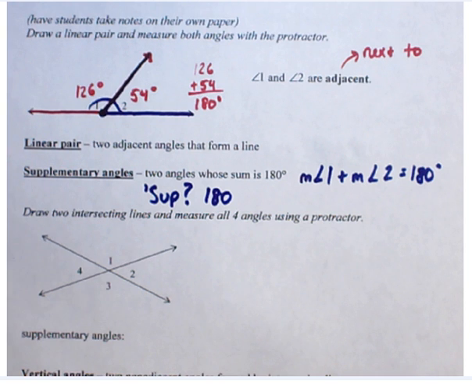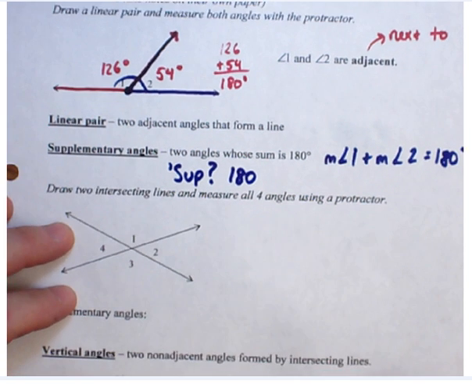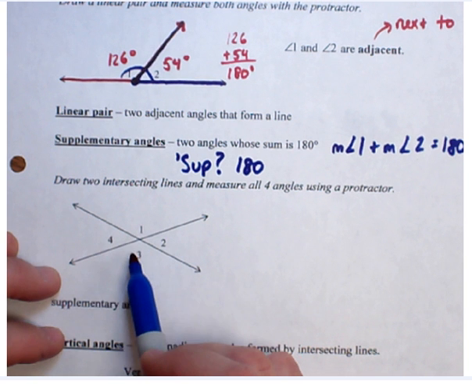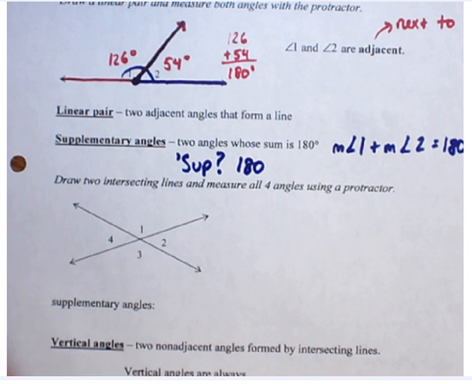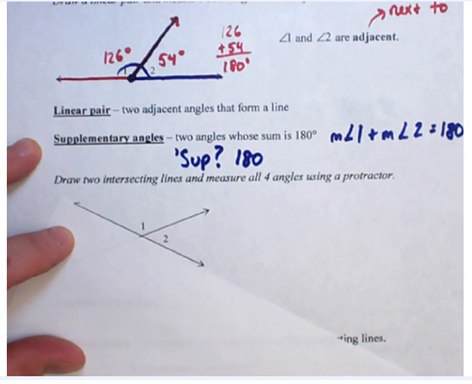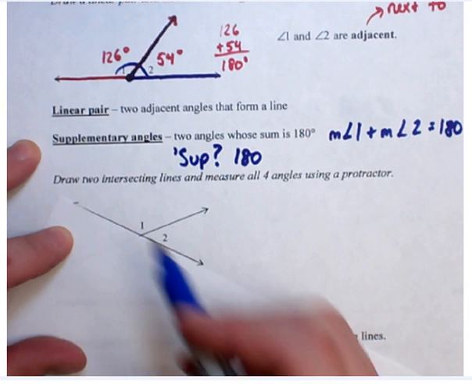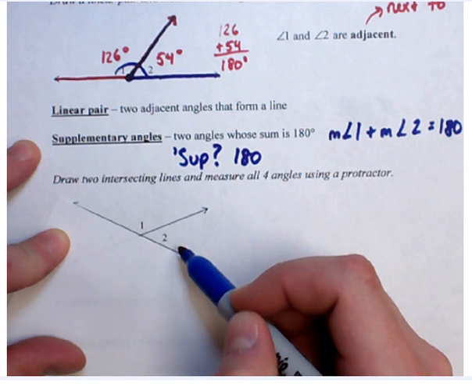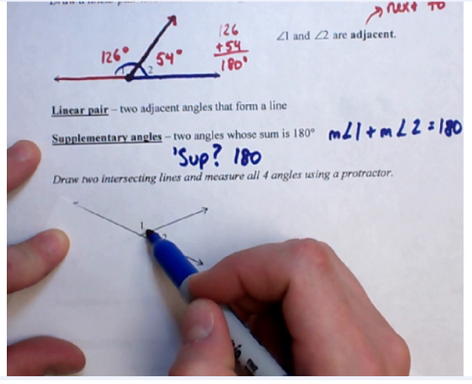Okay, now let's go down to this next diagram here. You have four angles, 1, 2, 3, 4. One thing I want you to notice is that if I only look at 1 and 2, that's a straight line. They're adjacent. That's a linear pair. They are supplementary. They add up to 180.